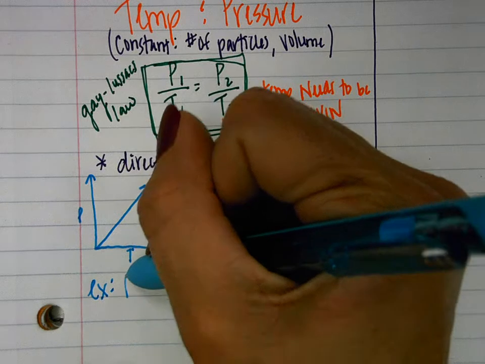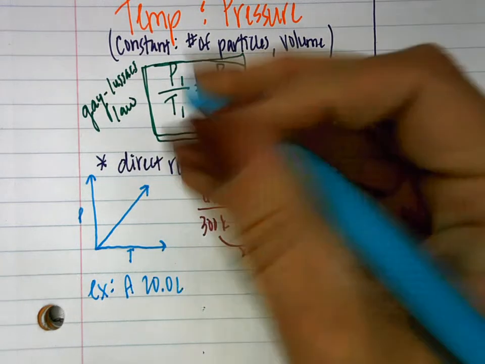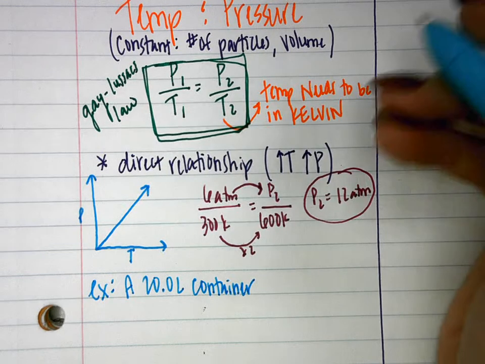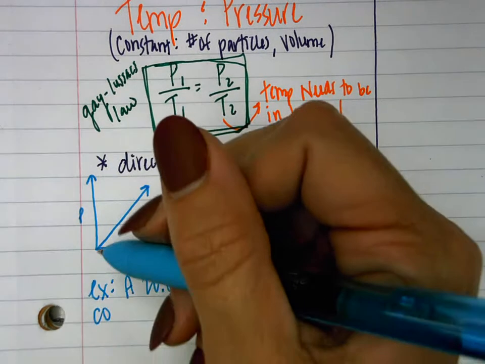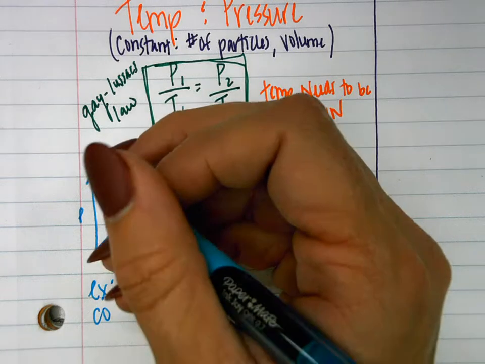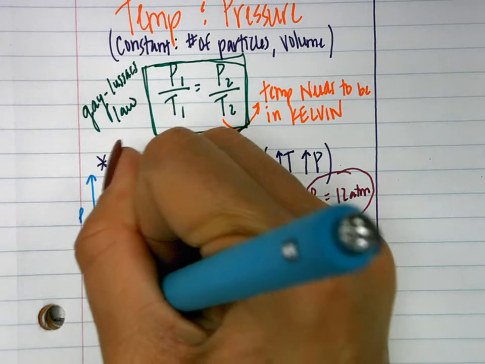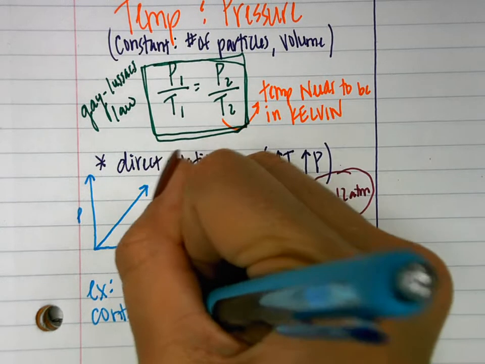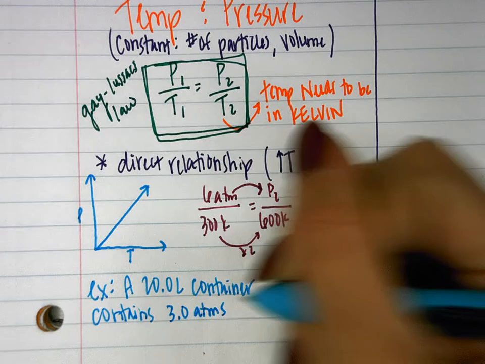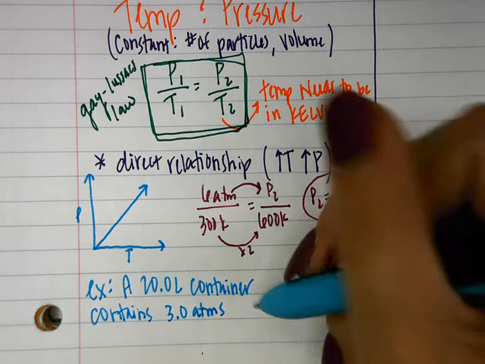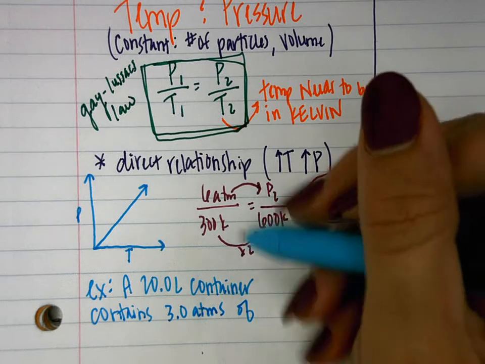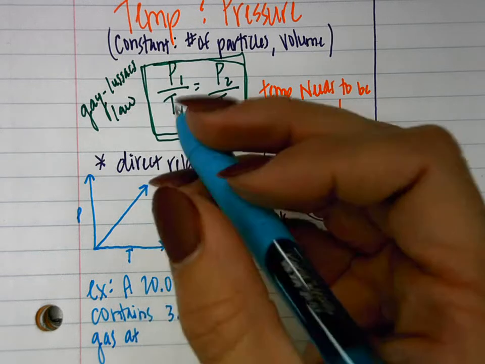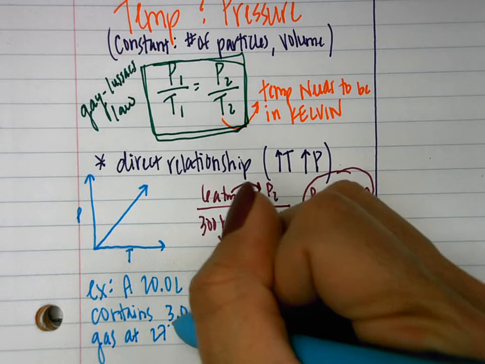We have a 20-liter container that contains 3 ATMs of gas at 27 degrees Celsius.